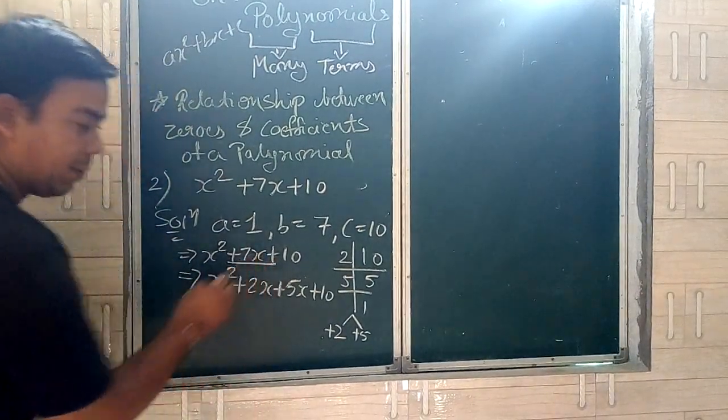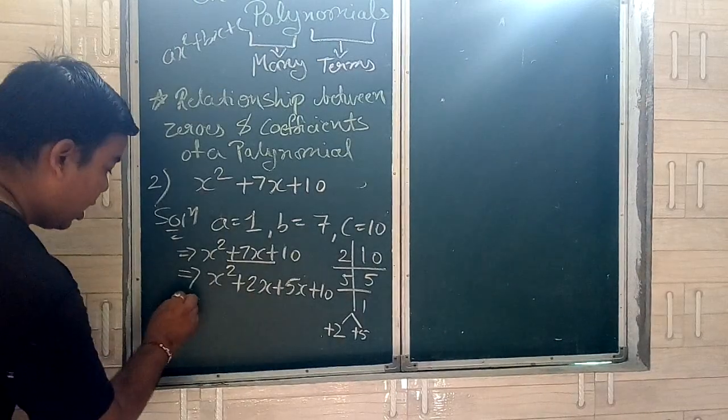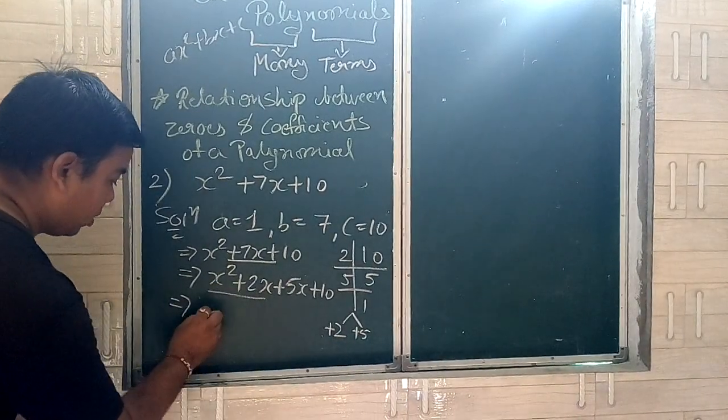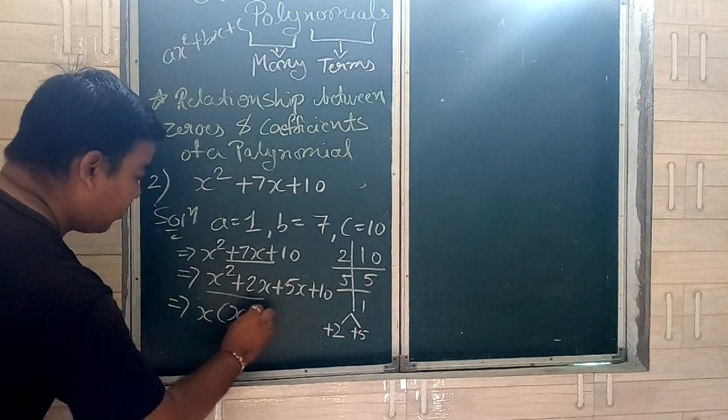Split 7x as 2x plus 5x, plus 10. Take common: x is common, x plus 2.